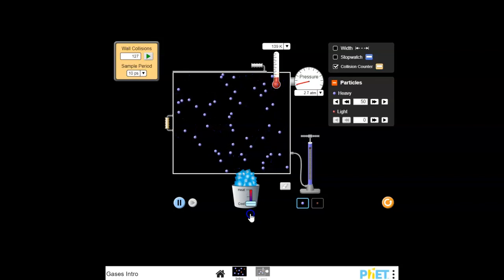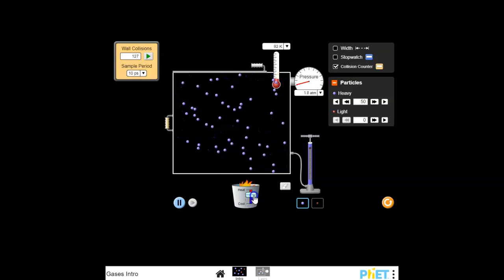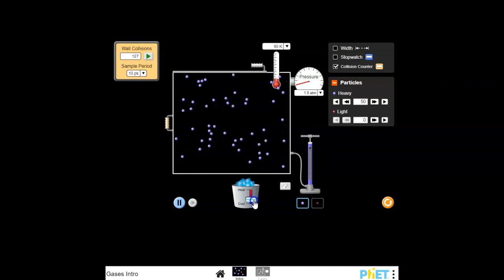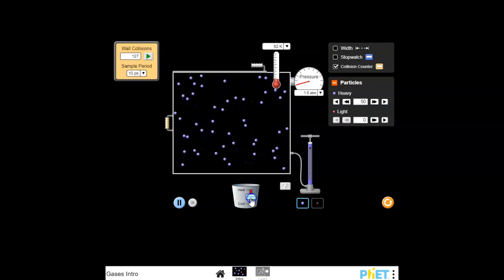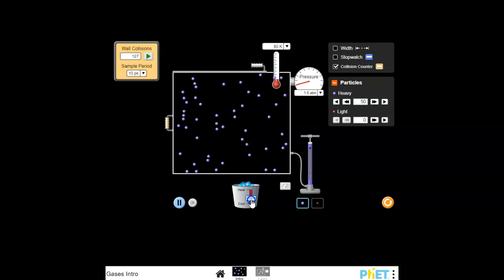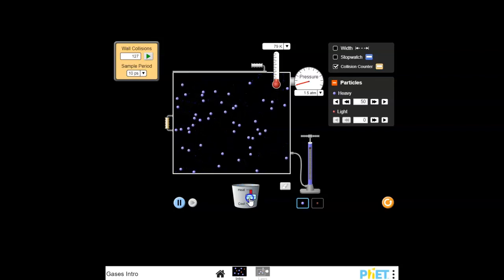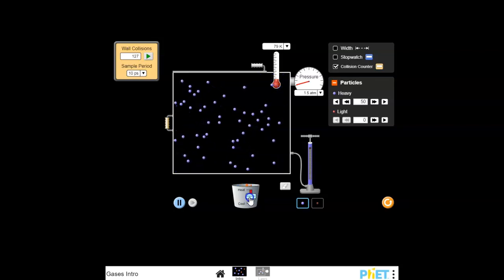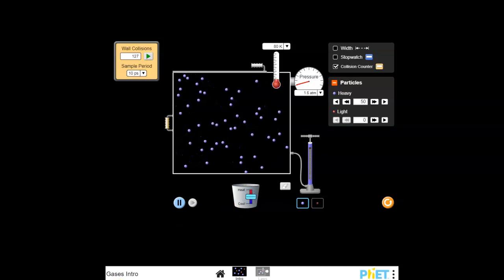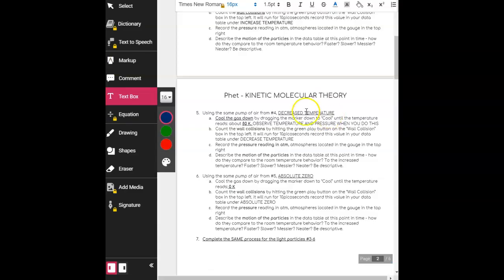As you get close, you can just slow it down to a crawl. Just pull it down a little bit. We're going to get to 80 Kelvin. Oh, I missed it, so I can heat it up a little bit. There it is. And it says count the wall collisions, record the pressure, and the motion of the particles again.